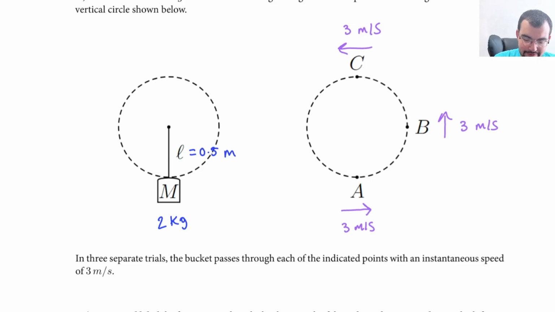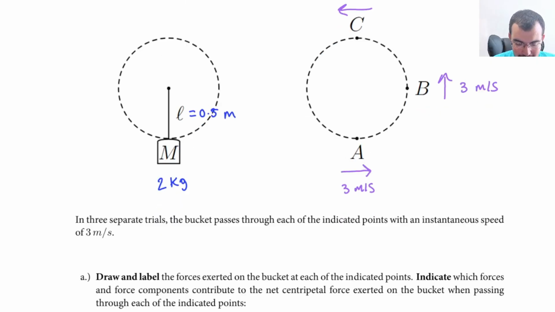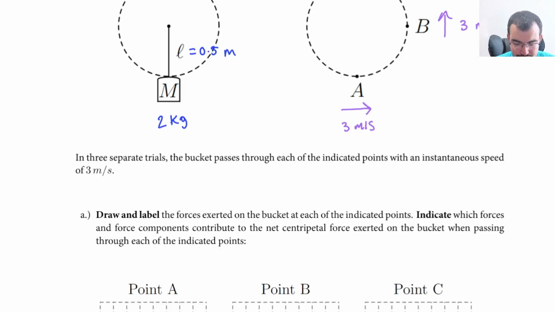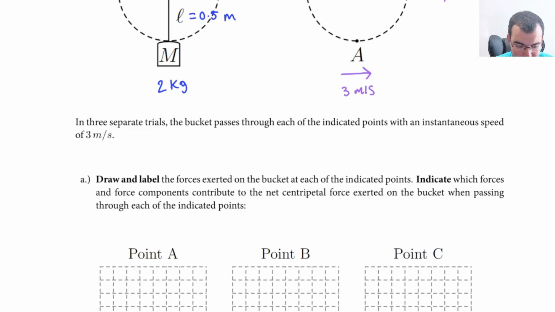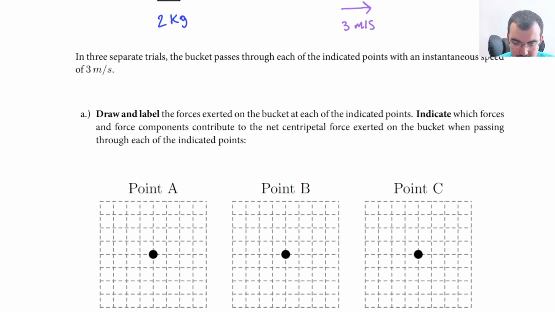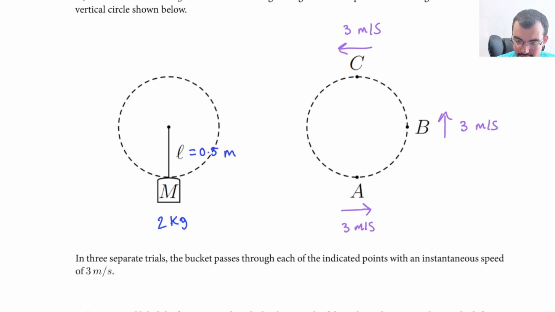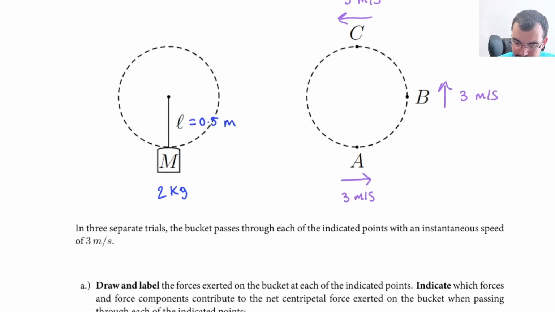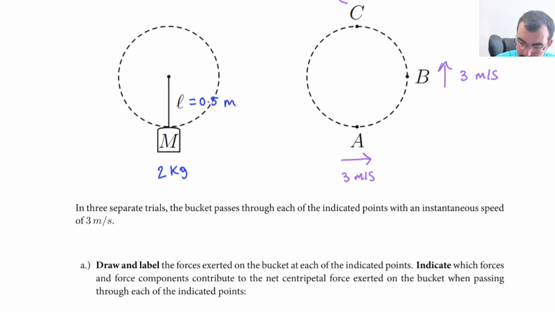So let's figure out the forces exerted on the bucket at each of these points. And we want to indicate who is causing the centripetal acceleration. So what we know is that the perpendicular or radial acceleration is caused by this force, equal to mv squared over r.